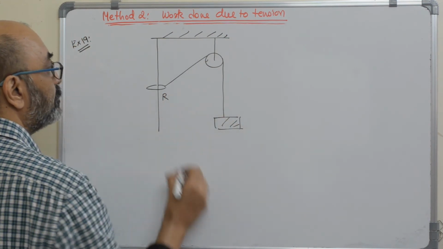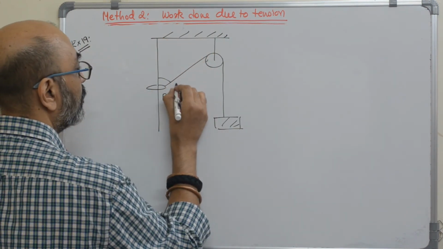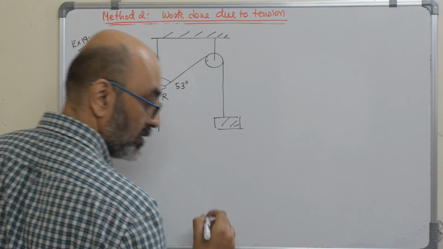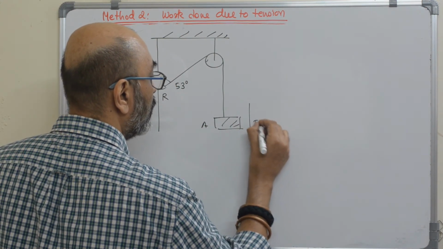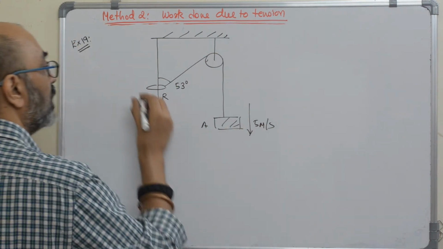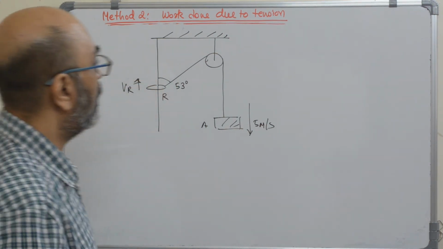This is the ring, and this angle is 53 degrees, and A is moving down with a speed of 5 meters per second. What is the velocity of the ring? That is what you are finding out.